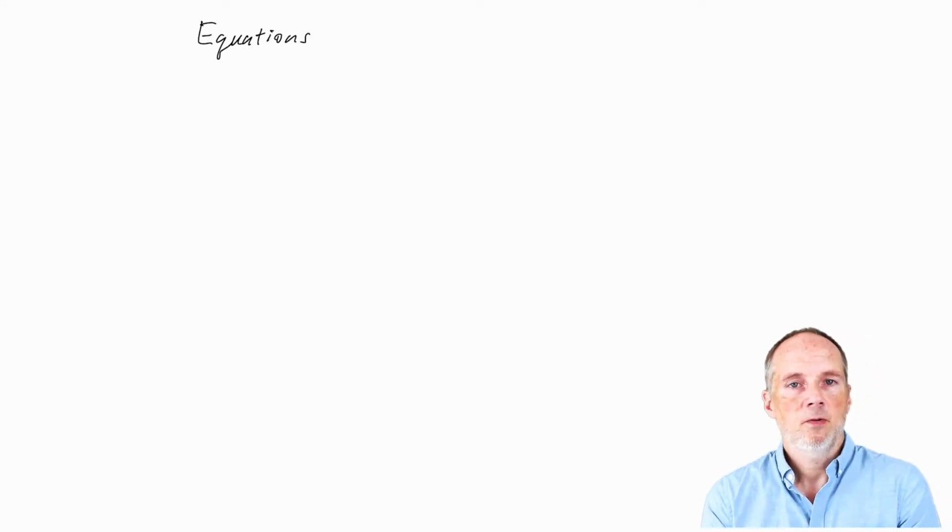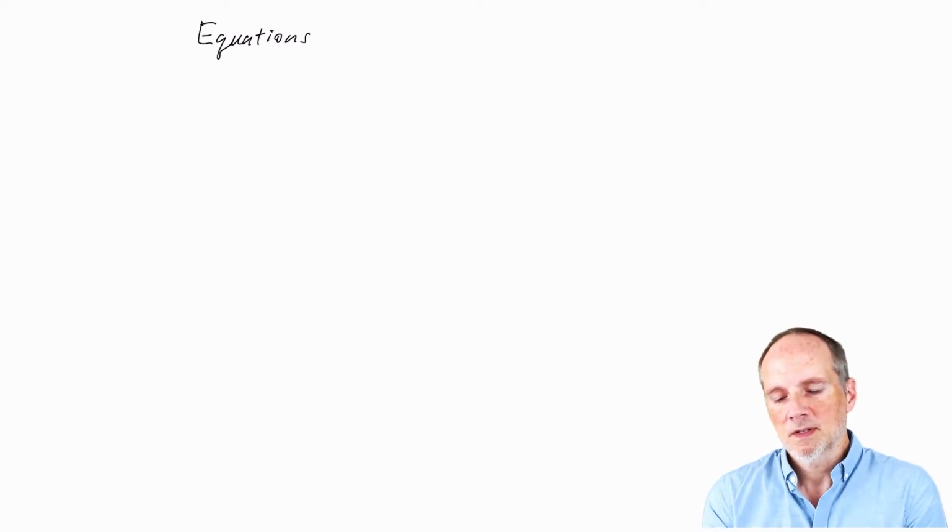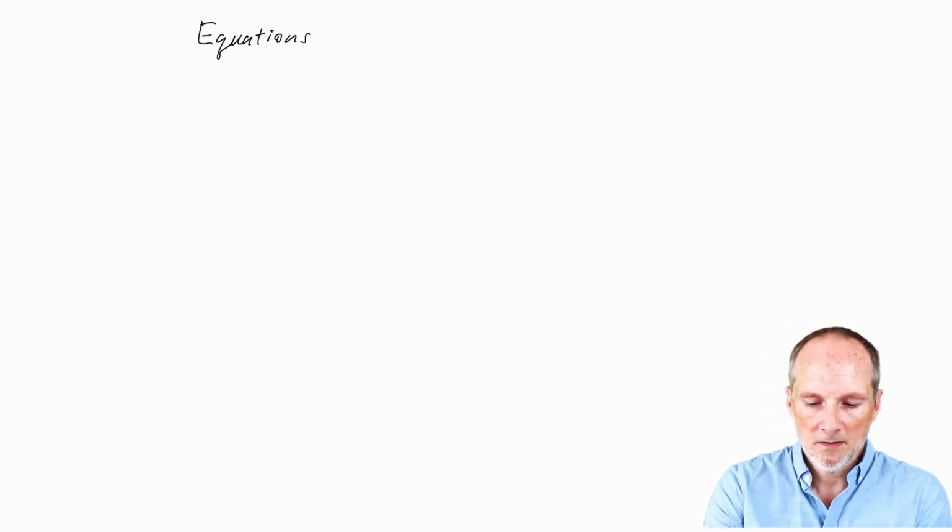So to start, I'm actually going to go back to the topic of equations. We talked about equations before, and there we were thinking about linear equations. Now I want to push a little bit in the direction of nonlinear equations.